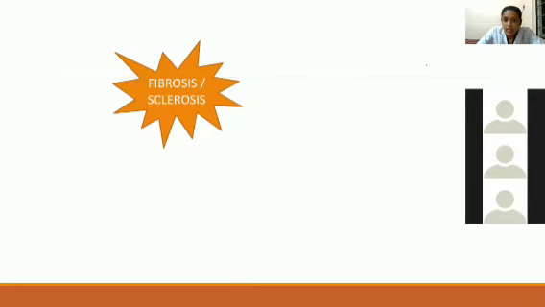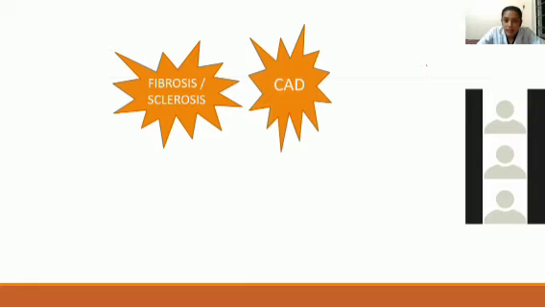First, let's see the etiological factors. The first one is fibrosis or sclerosis. This heart is functioning from our birth, so according to the mechanical activity, at some point the heart will undergo some fibrosis or sclerosis that can cause conduction abnormalities. Then CAD, coronary artery disease, can obviously cause conduction abnormalities.